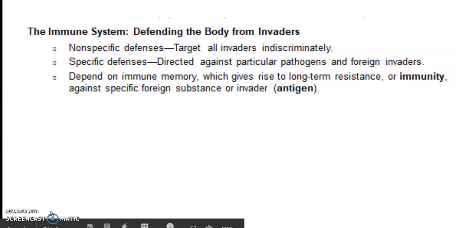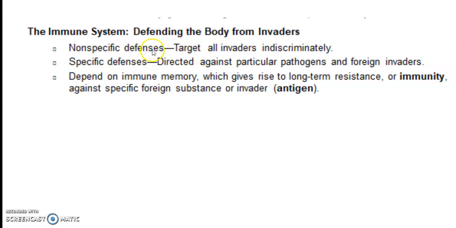Okay, so how does our immune system now react? So we know some things get through our initial defenses, but there's two lines of defense that we use. So the first are non-specific. So it's basically targeting anything. It's kind of saying we're going to put these barriers up and prevent anything from getting in.